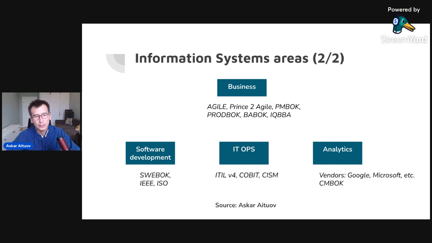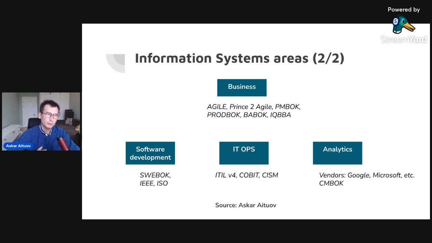Each of these areas is covered by a specific body of knowledge. For business and management, you would need to learn Agile. A quite good entry point for learning this is the PRINCE2 Agile standard, while PMBOK is heavier.